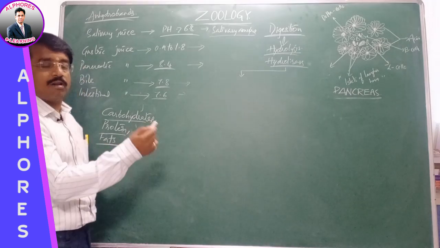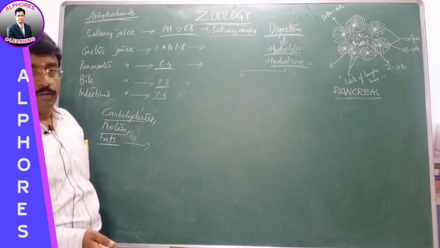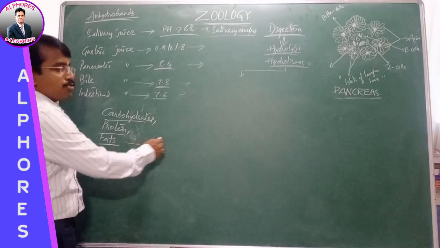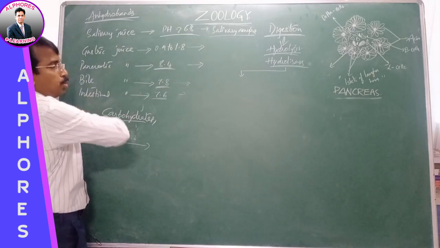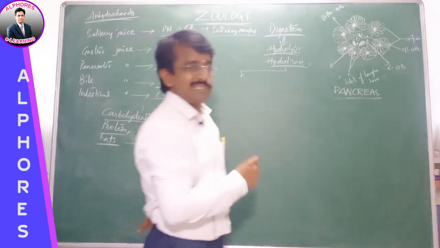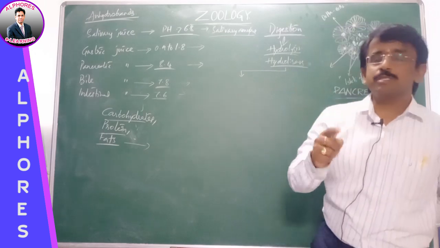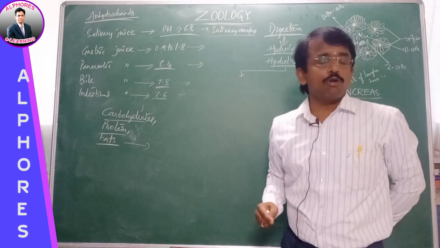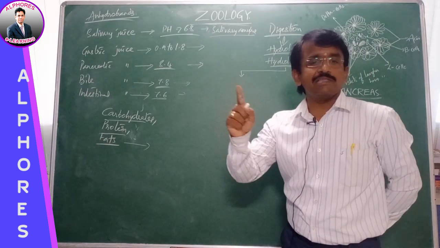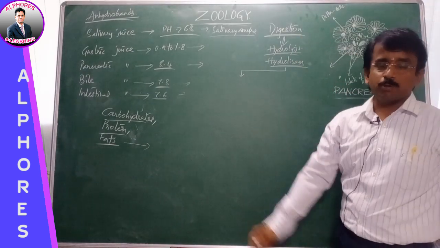Lipid digesting enzymes, or lipases, convert the fats into fatty acids and glycerol. This is how digestion is a hydrolysis process, as in the presence of water the anhydro bonds are broken down by enzymes.